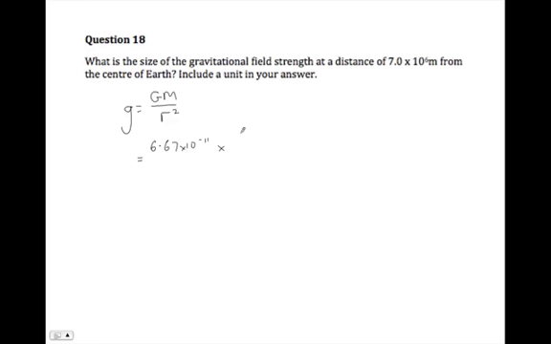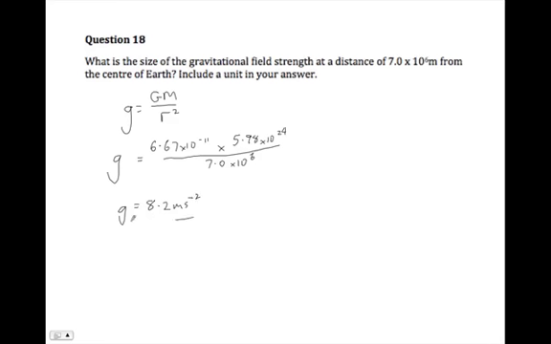It's 5.98 times 10 to the 24, divided by r squared, which is given to us as 7 times 10 to the 6. We work all that out, and we get g equals 8.2 metres per second squared.